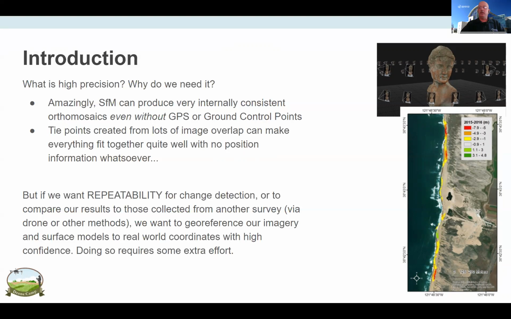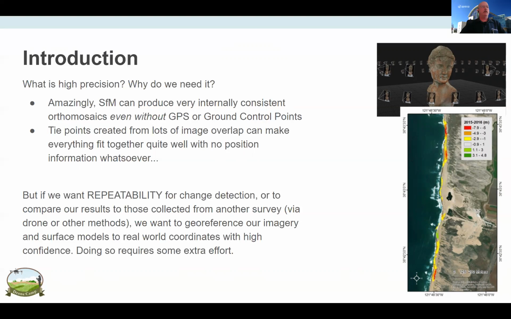You can take a collection of pictures with your mobile phone that are overlapping, overlap is the real key there, that are highly overlapping of just about any object, and dump them into Pix4D or Metashape or any other good photogrammetry software, and it will create a model from the data.